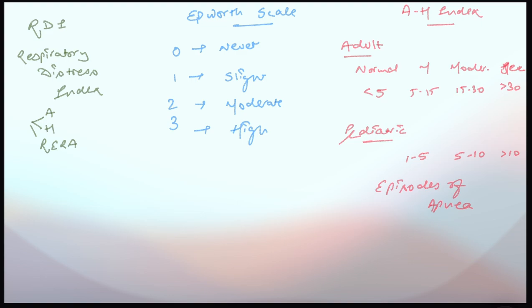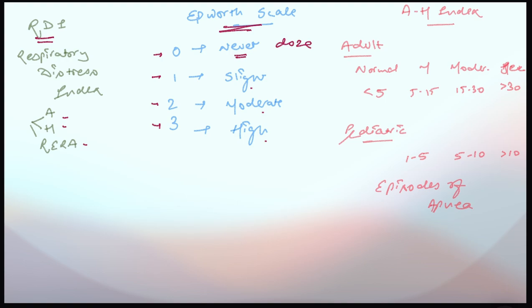Now coming to the indexes, so respiratory distress index, it includes the apnea, hypopnea, and respiratory effort related arousal. For the Epworth scale, it is given score 0, 1, 2, 3. 0 stands for never doze, so that the patient doesn't sleep. 1 stands for slight chances of dozing, 2 moderate chances of dozing, and 3 is for high chances of dozing.